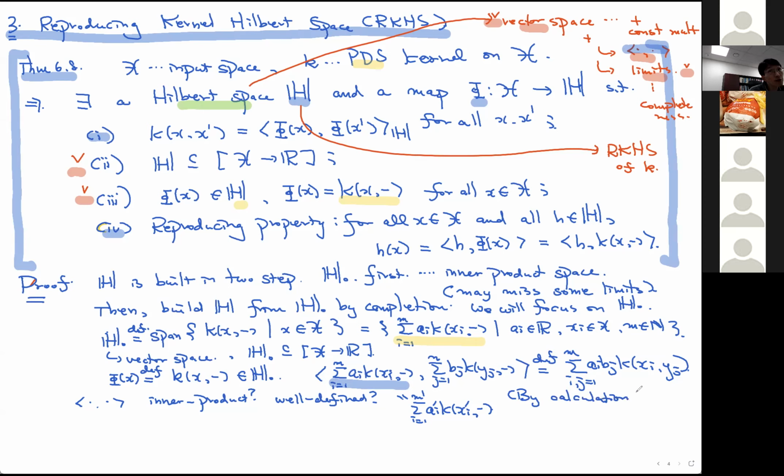I'm going to upload my lecture notes likely early next week. If you see the lecture notes, you will see the formal proof of both of these properties. To show the well-definedness of the inner product, we have to show that this operator is bilinear, and this is also quite easy.